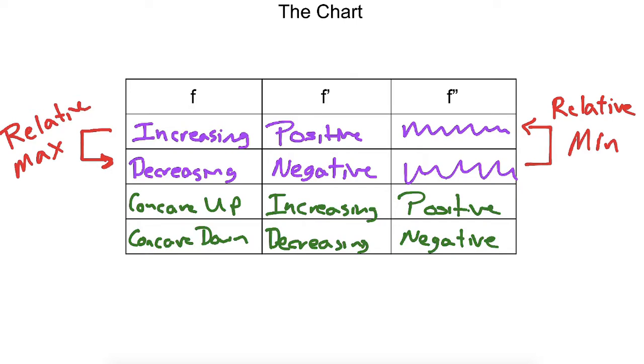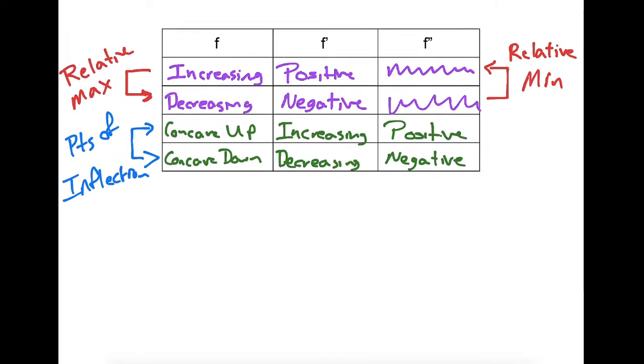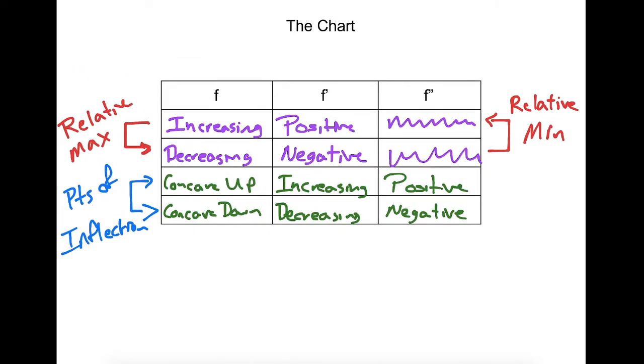No matter which way you're going, whether from the fourth line to the third line or the third line to the fourth line, these are points of inflection. So the idea behind it is, let me give you a second to get there, but a couple other things.